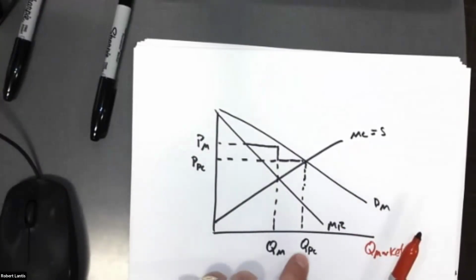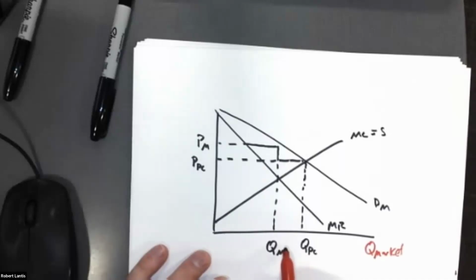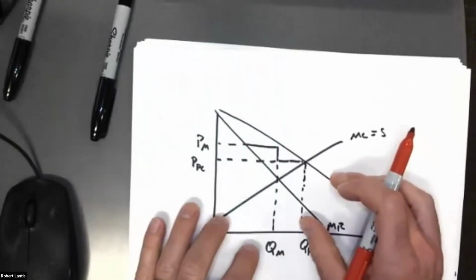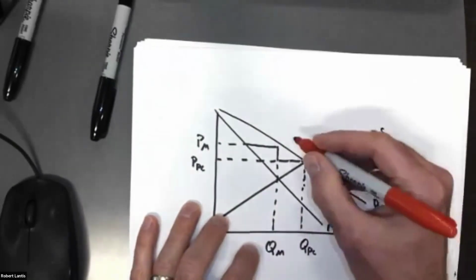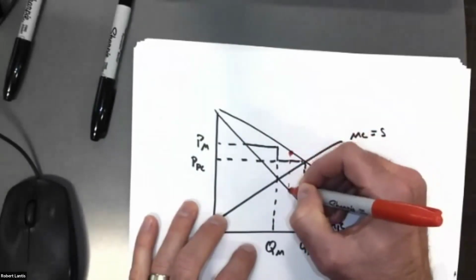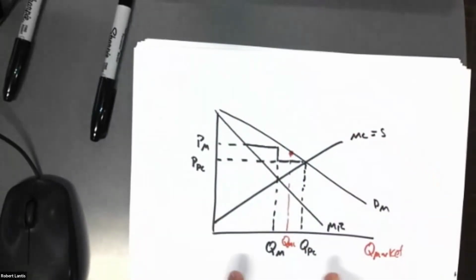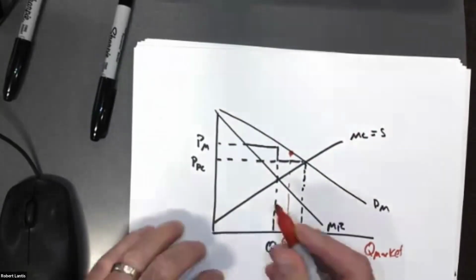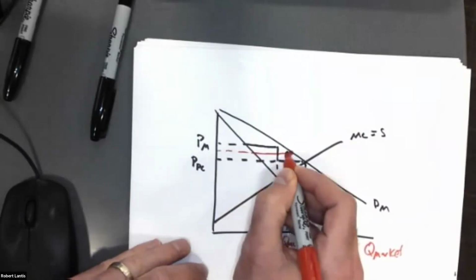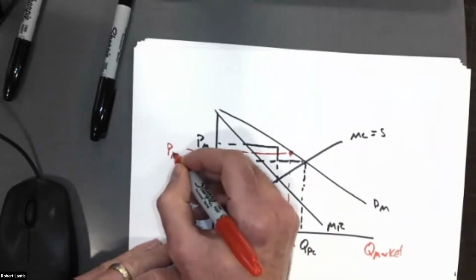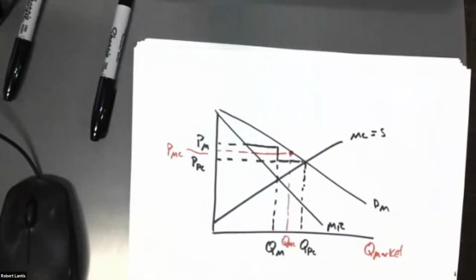Well, we know that each firm is producing less than the perfectly competitive firms. So quantity is going to be lower than this, but they don't have as much market power as a monopolist. So our monopolistically competitive quantity is going to be somewhere in between those two extremes.